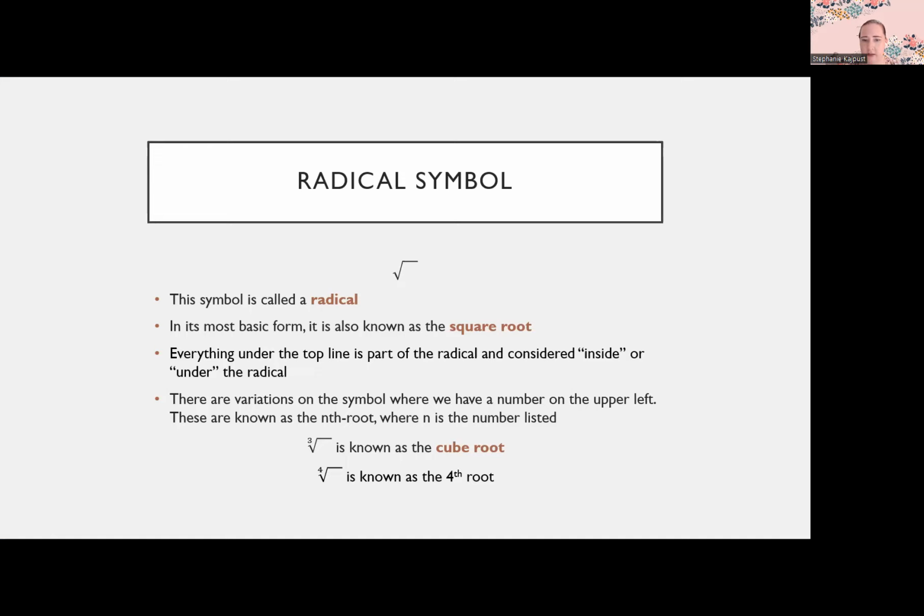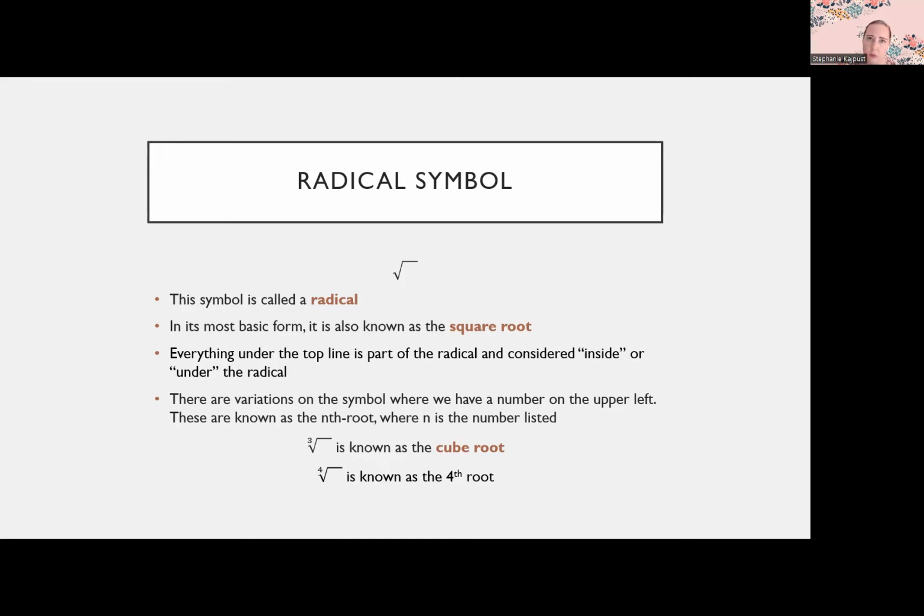I usually say inside because when you're typing the symbol in Connect Math or a math program, there's a spot underneath it that's kind of inside the symbol that you're clicking in. We do have variations on the symbol where there's a number in the upper left, right above the little V. Those are nth roots, which we'll also call radicals.